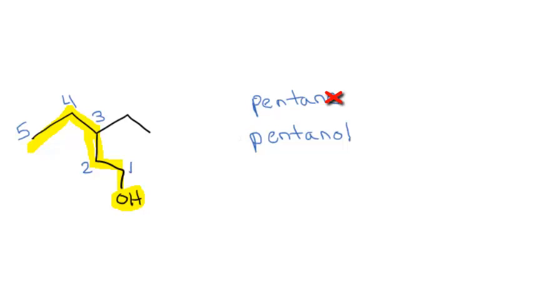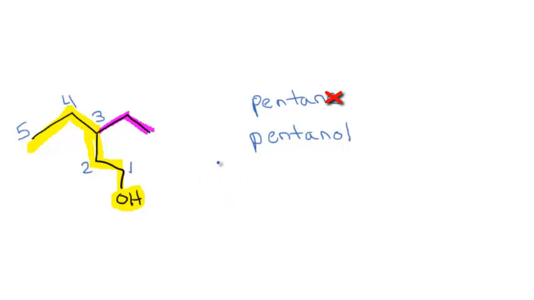Now that we have the parent chain, we identify any substituents that are around. Here we've got one single substituent, and that is this ethyl chain hanging off of carbon 3. In naming the compound, we go ahead and put the substituent name in front of the parent.